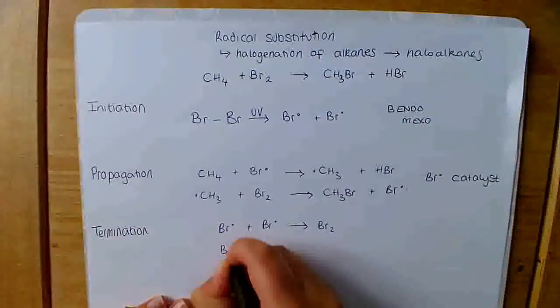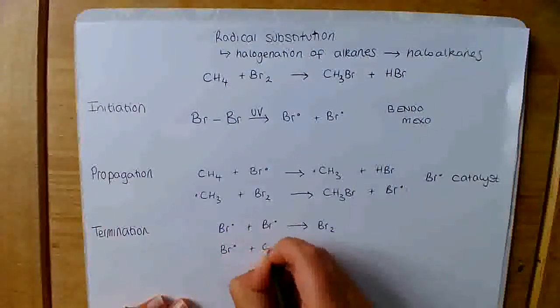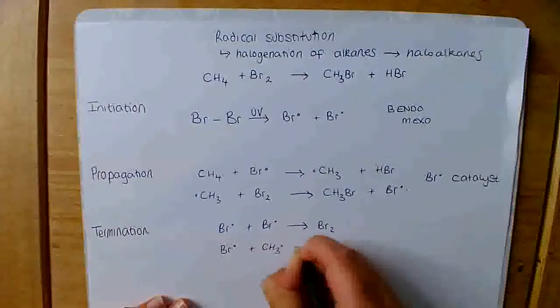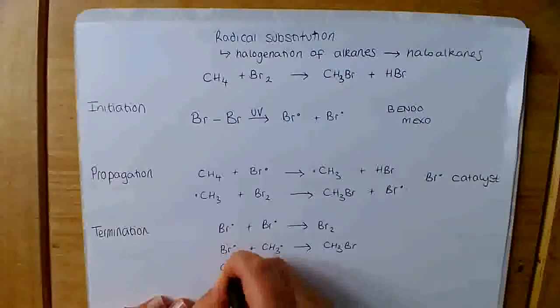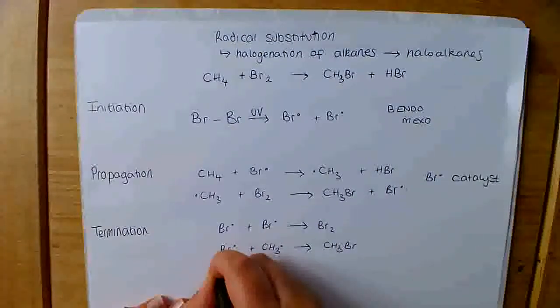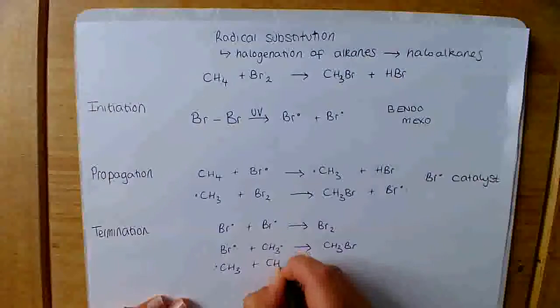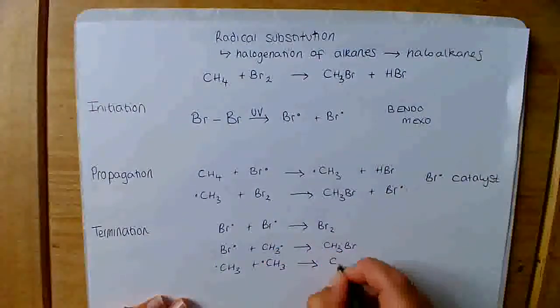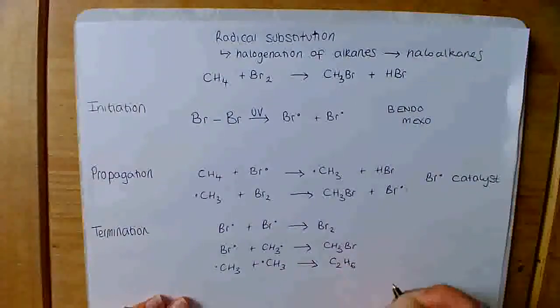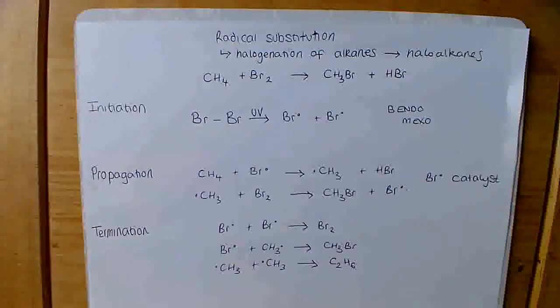This could be a bromine radical reacting with a methyl radical to form a haloalkane, or it could be 2 methyl radicals reacting together to form another alkane. In this case, ethane is formed. Remember that a radical substitution is a chain reaction and further substitution can occur.